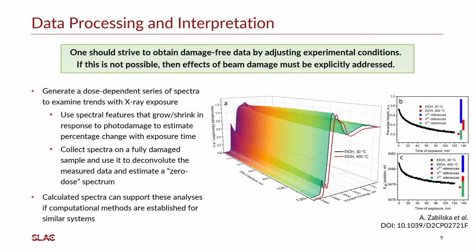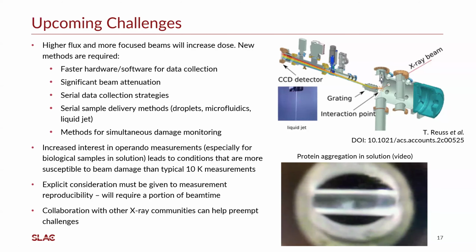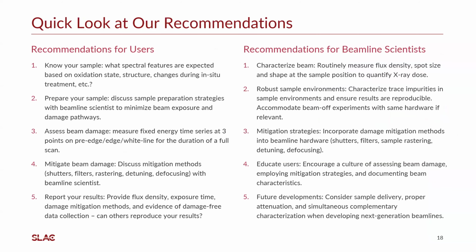In slide 18, you have recommendations for beamline scientists, and point 3, there are mitigation strategies. And I didn't see lowering temperature, which is, I think, quite a common procedure. But you didn't mention it, do you think it's still a valid approach? Yeah, absolutely.